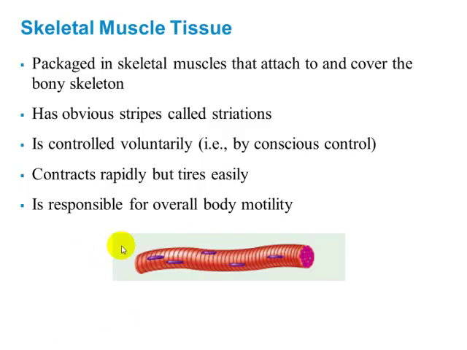This skeletal muscle fiber would be found within a much larger organ, and we will talk about the organization of skeletal muscle into organs. It is under voluntary control. It is attached for the most part to the bones, and it allows for locomotion. These have very rapid contraction, but they tire very easily. And this is responsible for the overall movement and motility of the body.